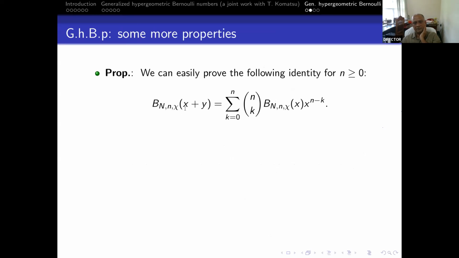This identity: if you take x plus y, then you can write it in terms of x, where k equals 0 to n, and these binomial coefficients will come up here.